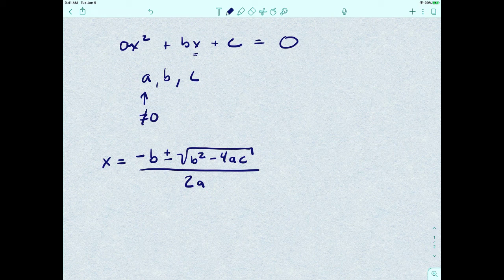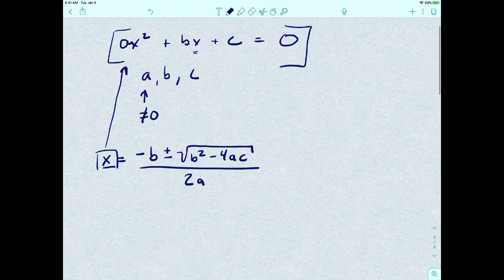And so if you have a quadratic equation like this, in order to solve for x, over here is a solution of that equation, as long as you know what the coefficients are.